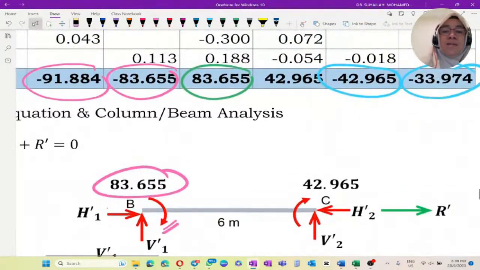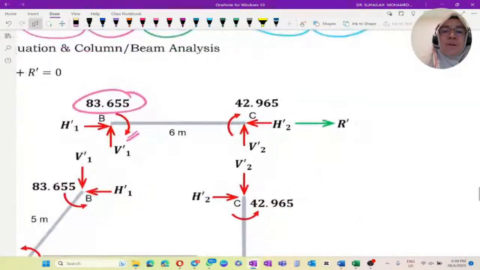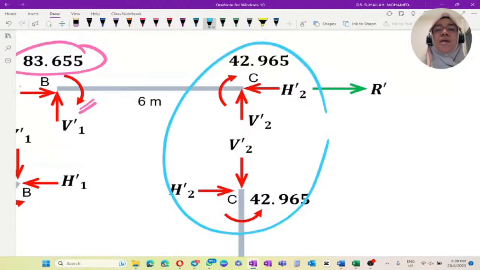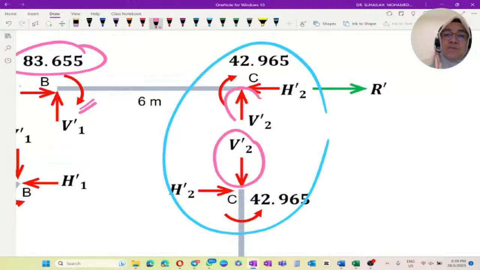The next value is at C. At C, the first thing to check is the joint condition, the joint equilibrium. For joint equilibrium, total V must be equal to 0, total H also equal to 0. This one is V prime 2, this is V prime 2 as well.